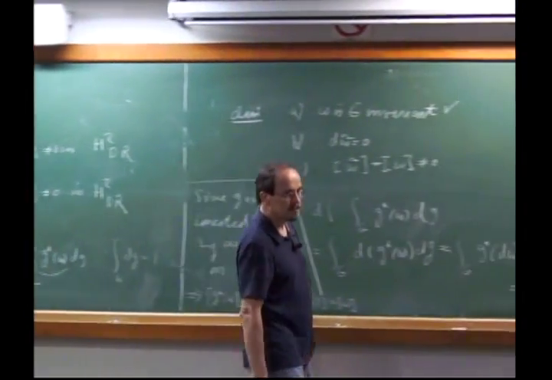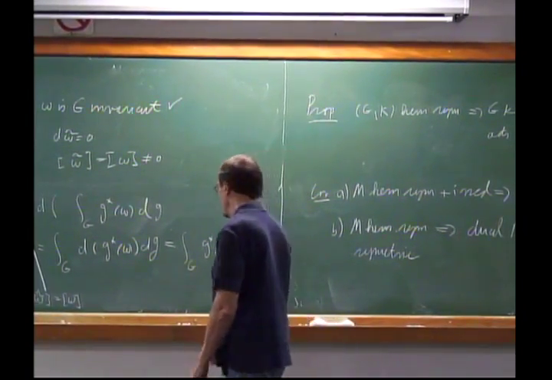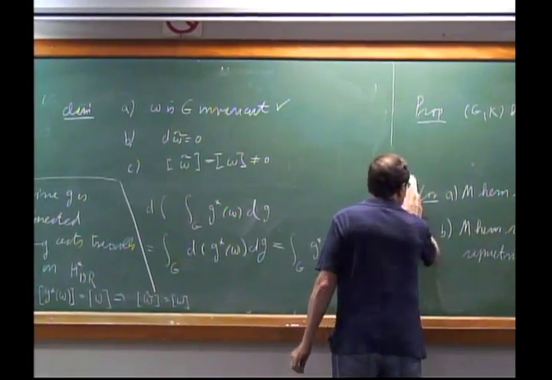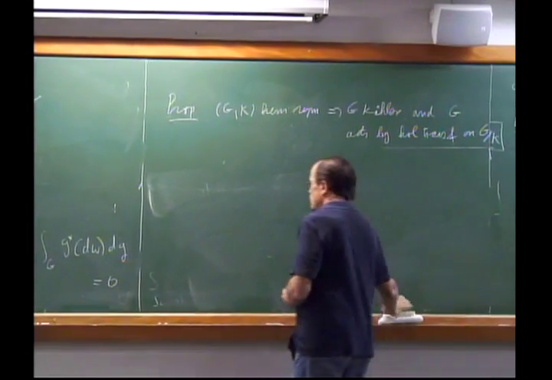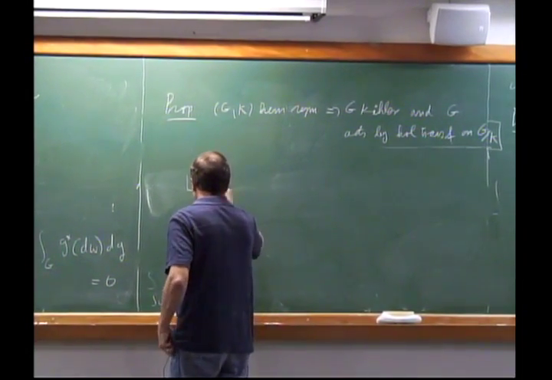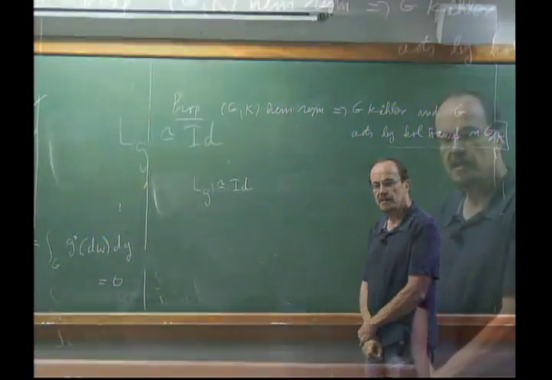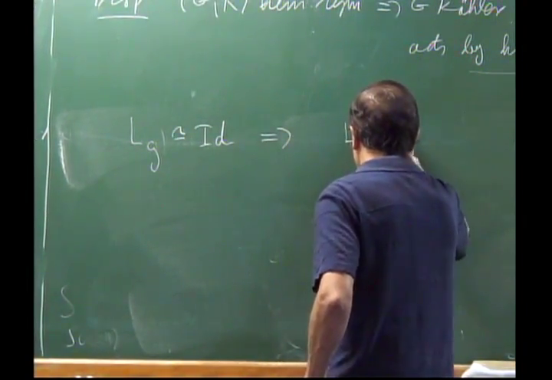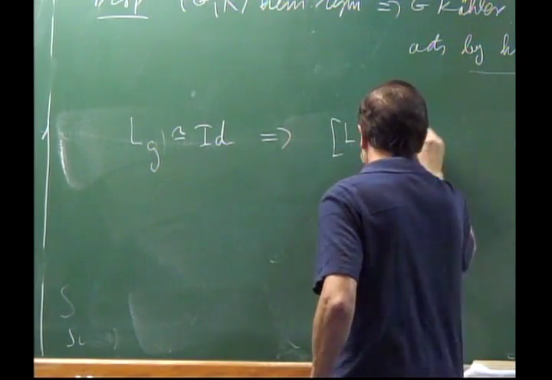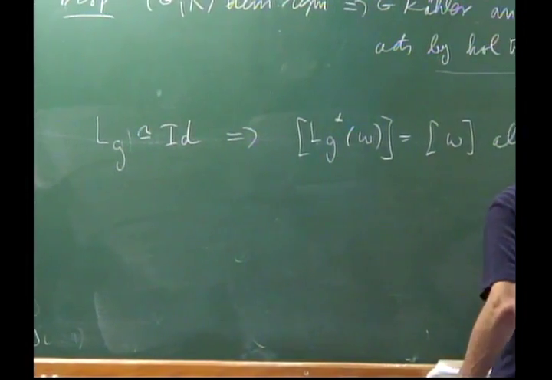How did you explain the last application there? So I knew that L_g is homotopic to the identity, because G is connected. This implies that L_g star of omega has the same cohomology class as omega for all g.